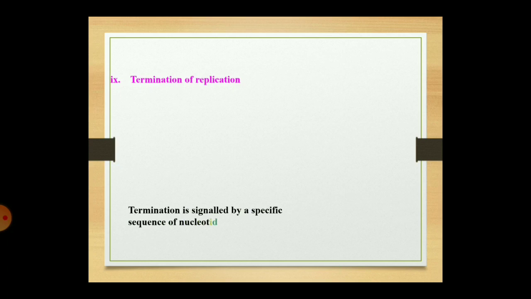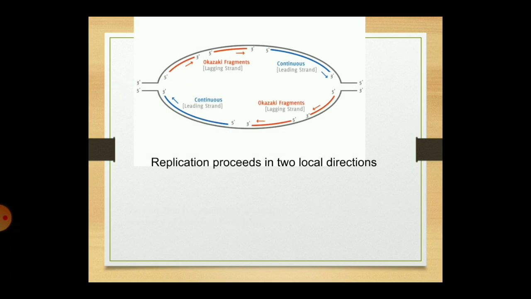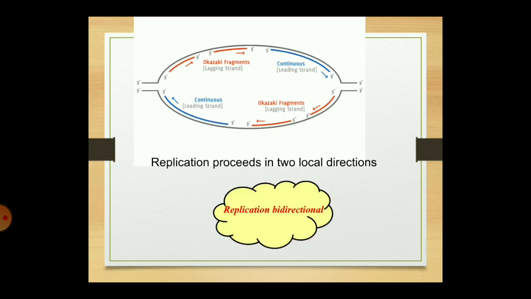At the end, termination is signaled by a specific sequence of nucleotides on DNA, and that ends the replication process. Look here, these are replication bubbles. The replication process takes place in both directions, hence it is called bidirectional.